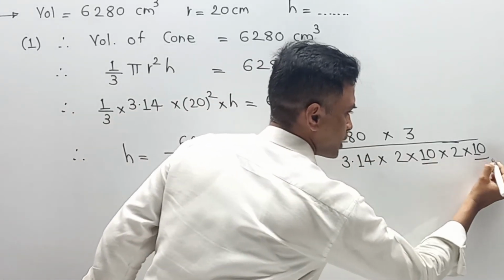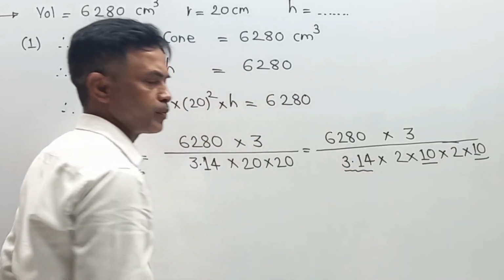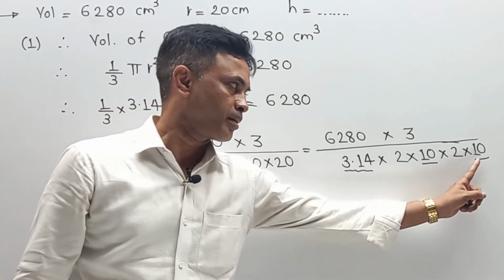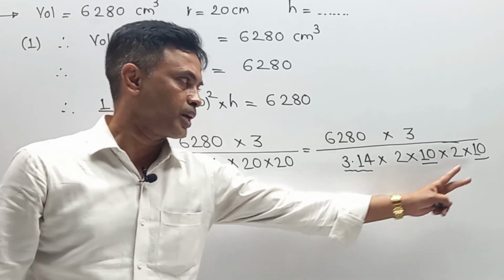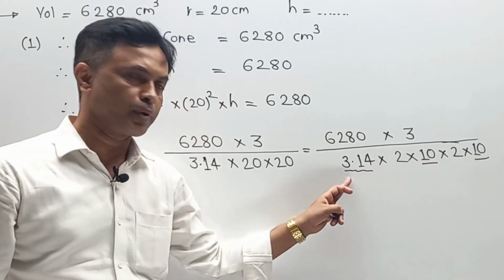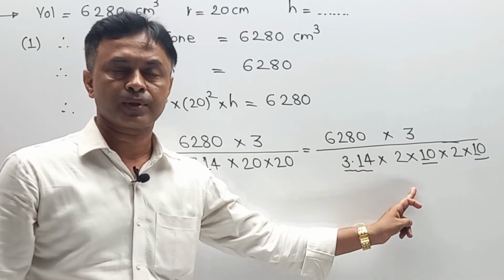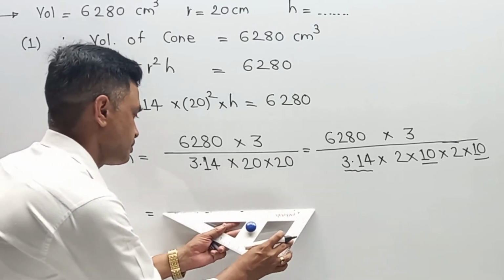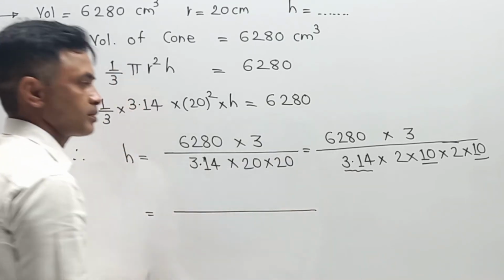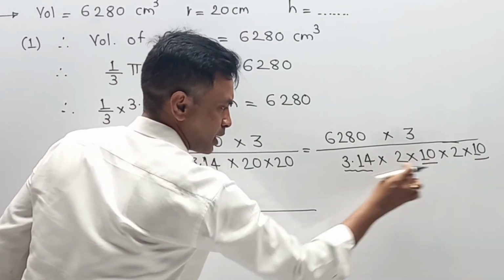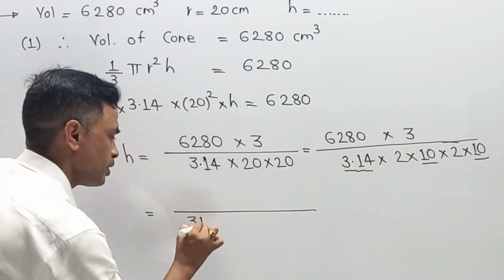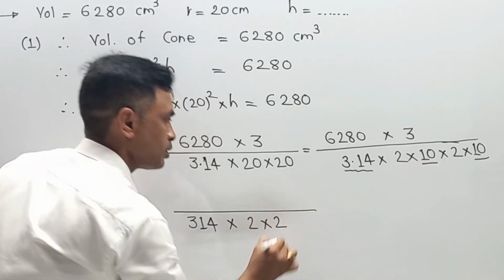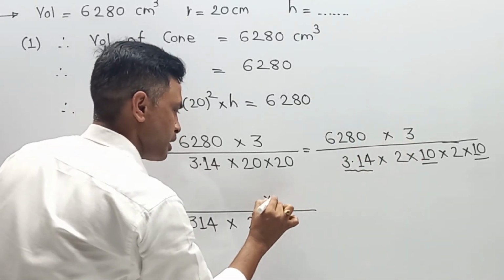This 10 into 10 is 100, and 100 into 3.14 becomes 314, which means the decimal of two places automatically gets shifted, and that is the logic behind that. So this step will look like 10 into 10, 100, 100 into 3.14 becomes 314, into, this remains 2 into 2 as usual, into 3, this value is also as usual.